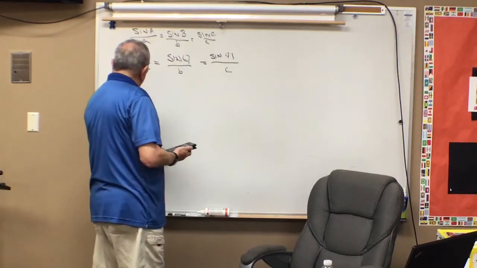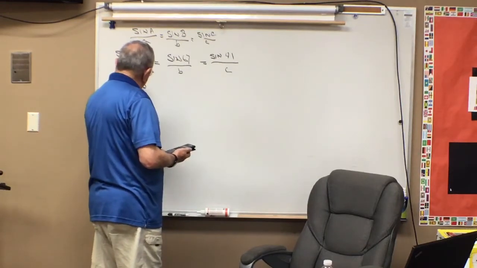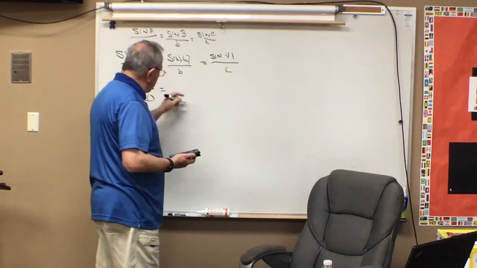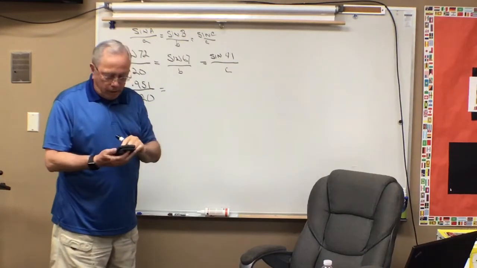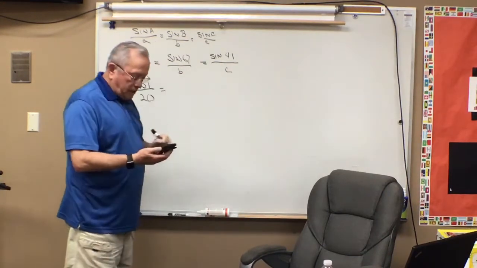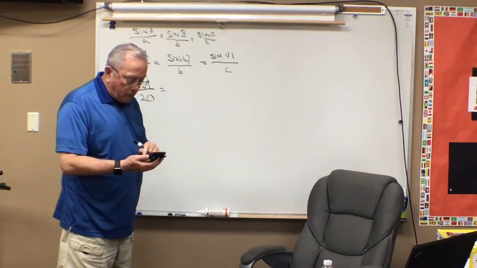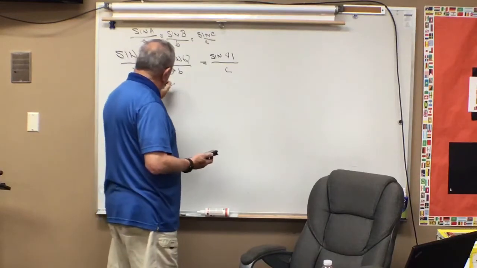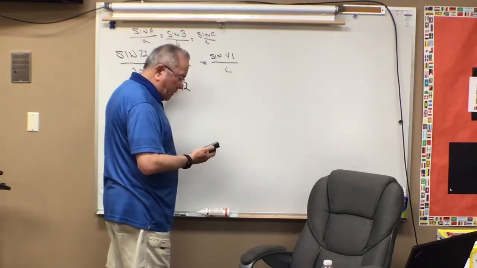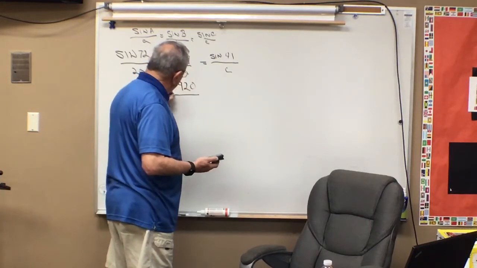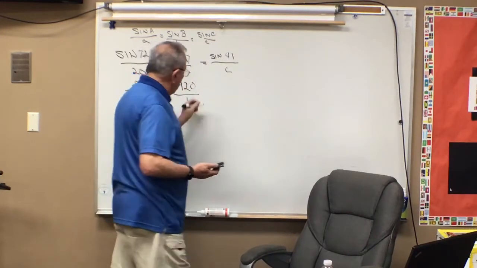So that's 0.951 over 20 equals, now go here and find the sine of 67 equals 0.920, going out to 3 decimals, over B.